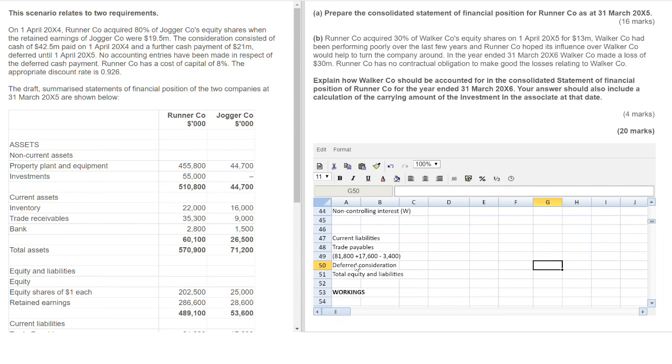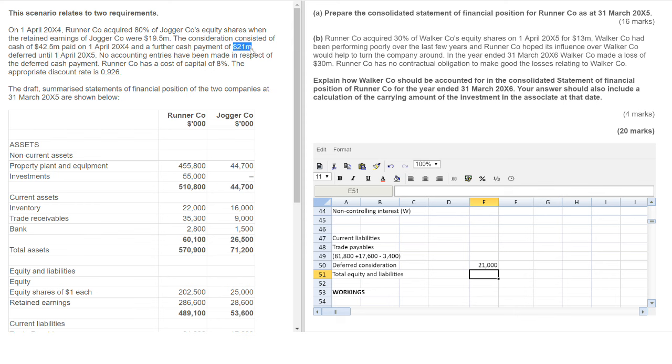So what you've got there is, well, do we need to work it out? It's effectively just that present value that we just worked out, increased by the 8%. No calculations required. 21,000, isn't it? Because we're preparing the statement of financial position at March X5, and we're making the payment on 1st of April X5.